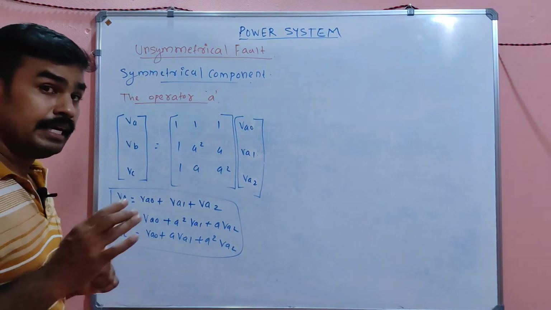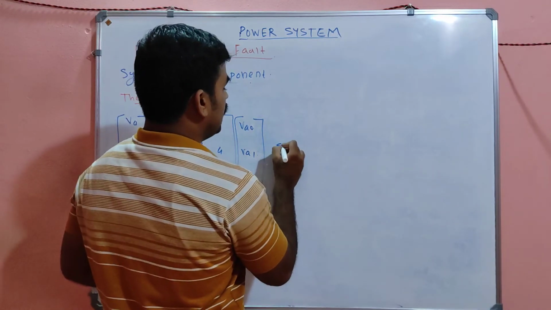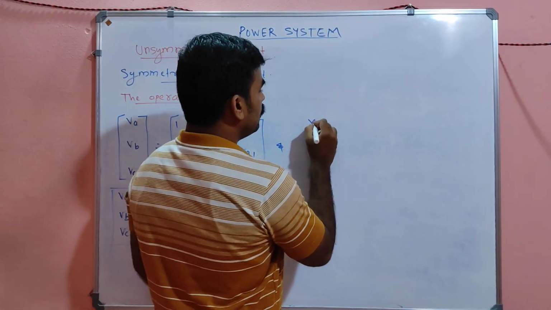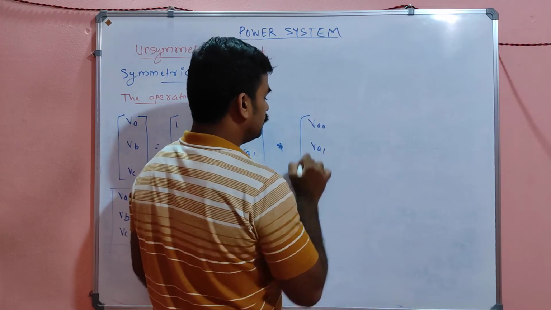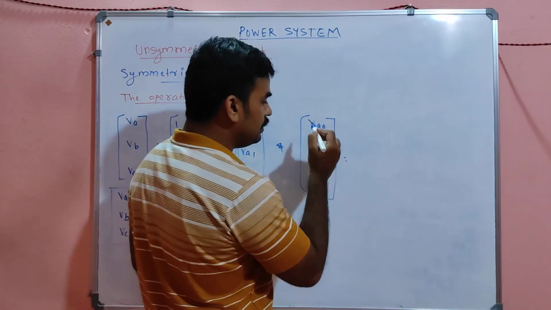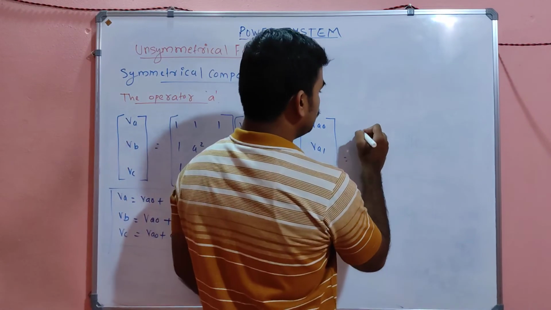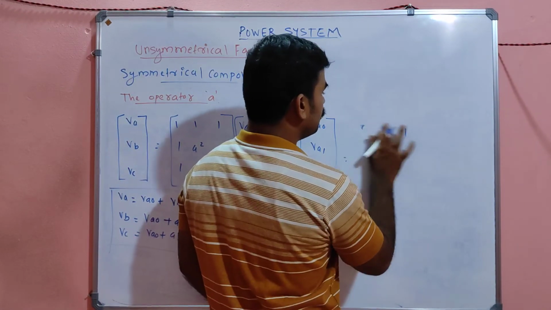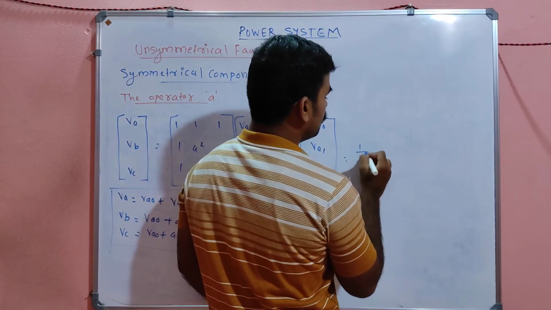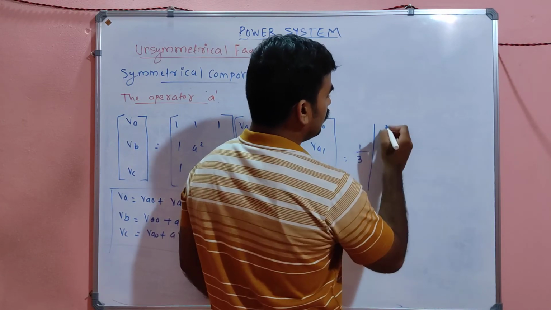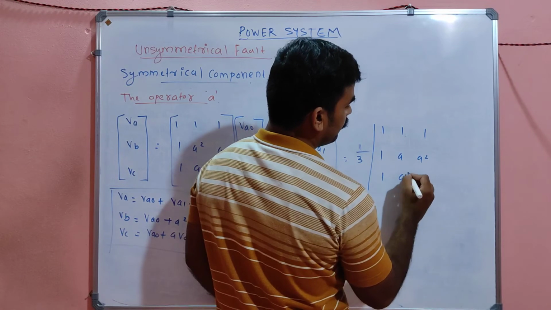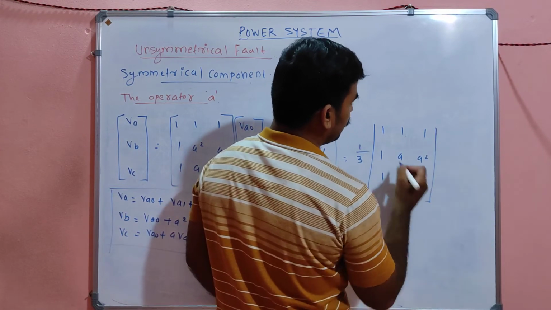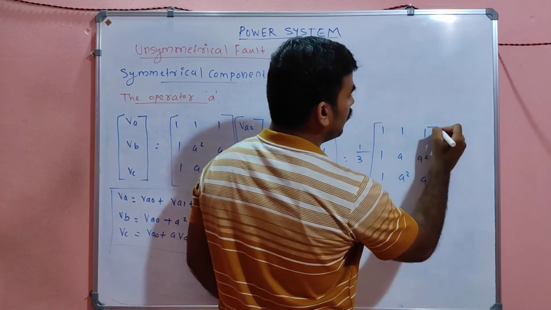Okay, and if you need to find VA0, VA1, VA2, then this will be slightly modified like this, my dear.